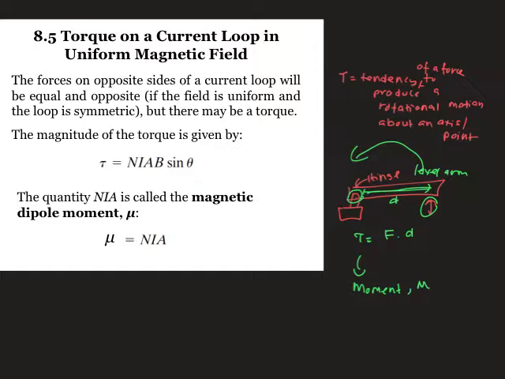For example, if we have a closed loop with its axis in the y direction, it moves clockwise or anti-clockwise like this. Say this length is b and this length is a.